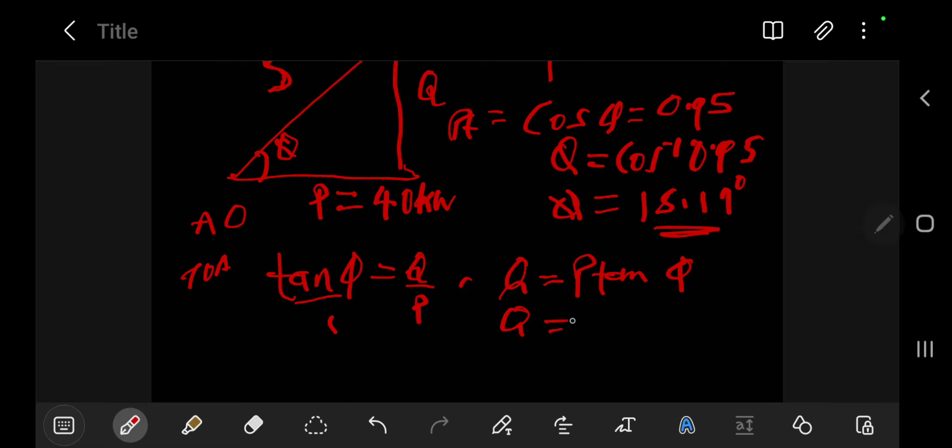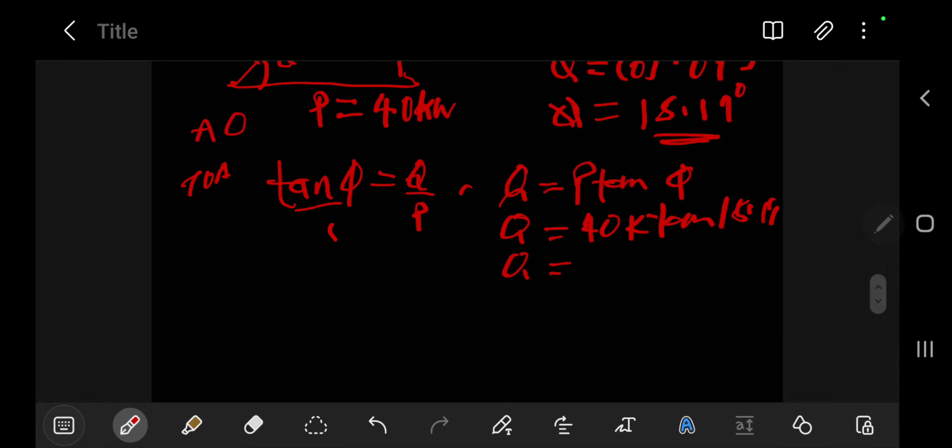So Q, the reactive power, is just P tan phi. P is 40K, times the tangent of the angle we just found, 18.19.